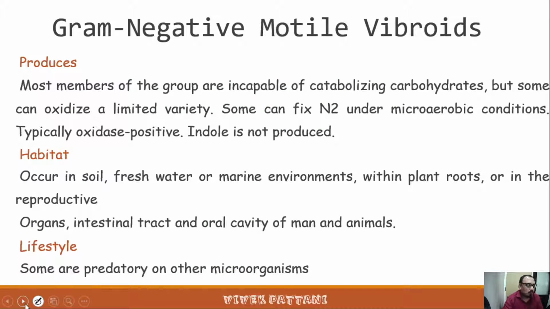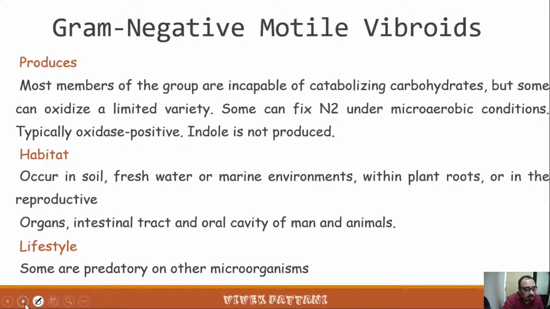Now, what are the common products or the common reactions involved? One of them is oxidase positive enzyme.